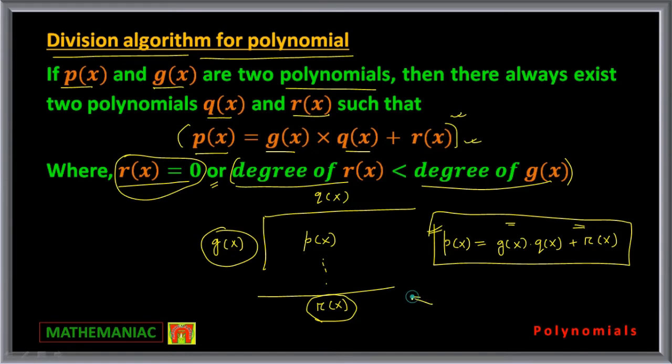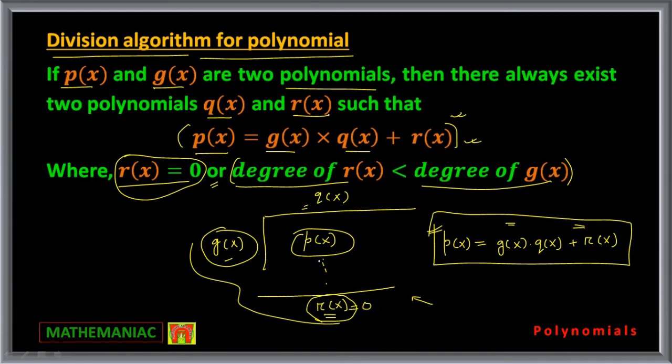You know, come up to this division, right? We are now going to talk about r(x). Okay, what if g(x) completely divides p(x)? Then we'll be getting only the quotient, and in place of r(x), what will we arrive at? 0, right?